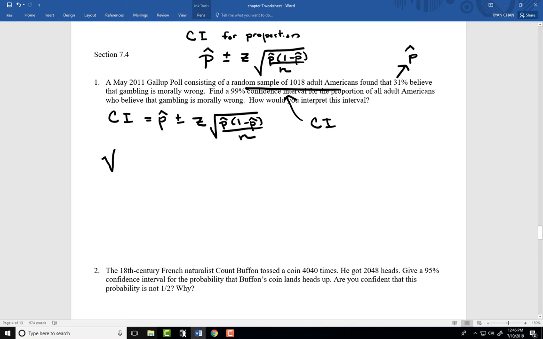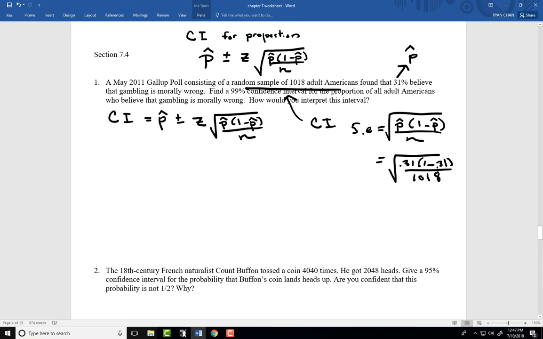So SE is equal to the square root of p hat (1 minus p hat) over n, or in our case, 0.31 times (1 minus 0.31) all over 1,018.